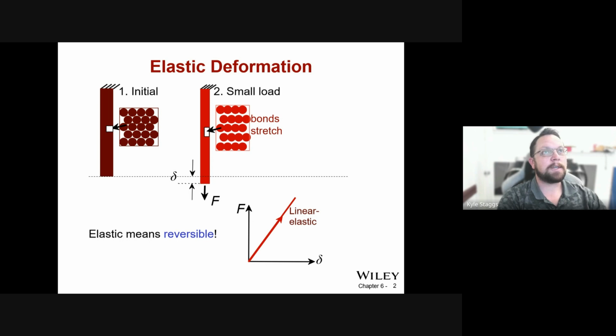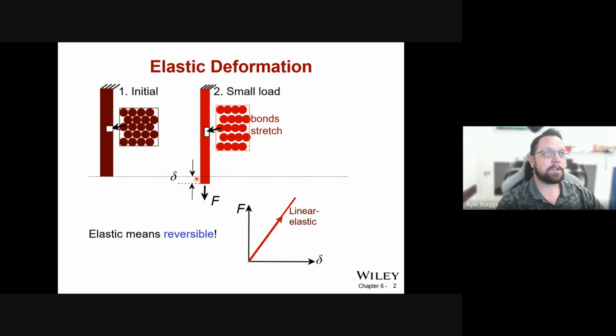Okay, makes sense. When that's happening, we have a couple things that need to be taken into account. One of which is the bonds start stretching, so they get a little bit weaker between the layers, and there's a change in length in the material. This is really important. So here we've got that bond starting to stretch.